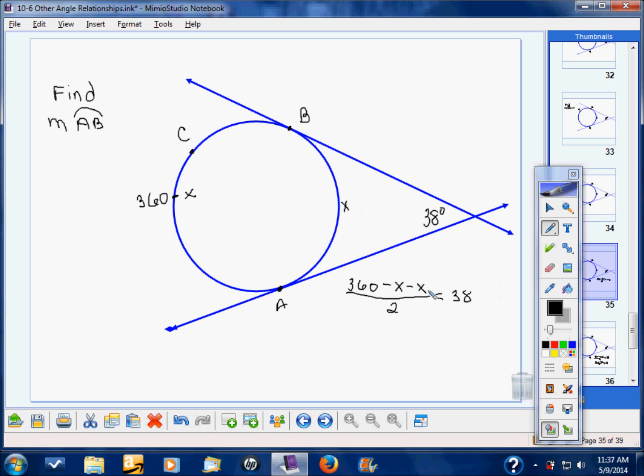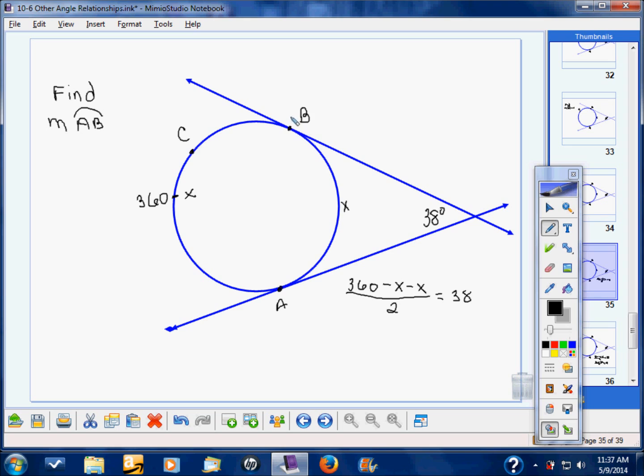This is the part where, if someone makes a mistake, this is where the mistake happens. Be very careful. You take 360 minus x, which is this arc. And then you have to subtract x again because this is the smaller arc. Why is there 2 x's? Please pay attention, everyone. This is the trickiest part.